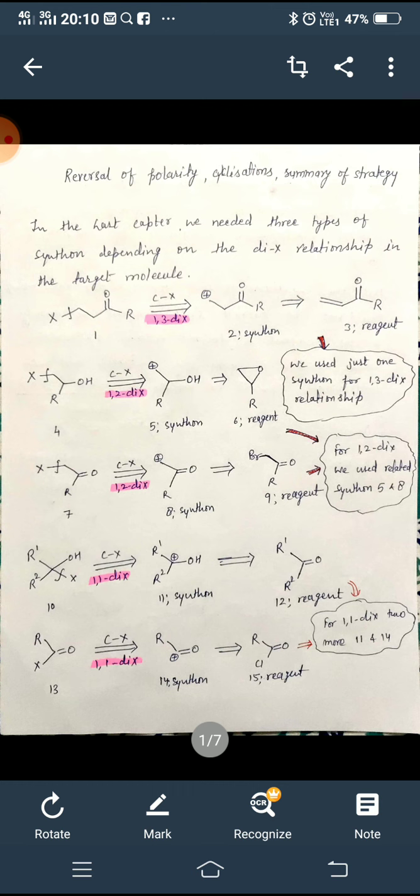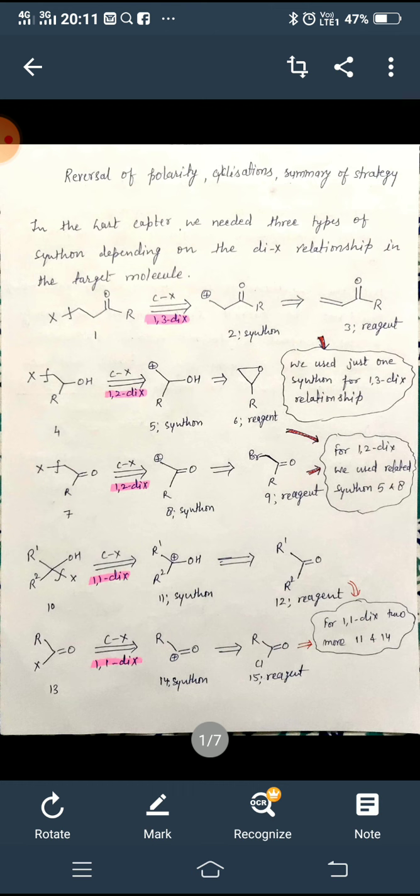The synthons for the 1,3 and 1,1 disconnection relationships could be turned into reagents number 12 and 15 simply by using the natural electrophilic behavior of the carbonyl group. The synthons 5 and 8 for the 1,2 disconnection relationship could not be turned into reagents so easily.